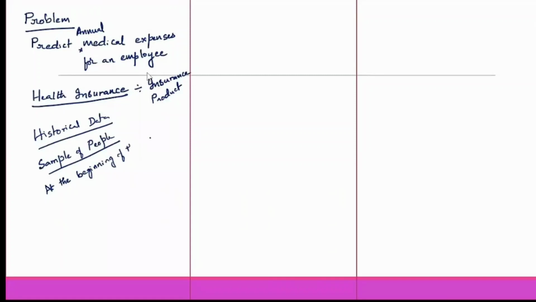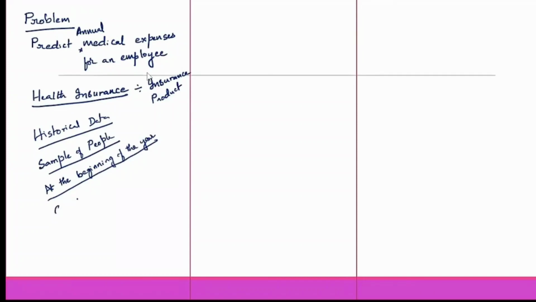Now, obviously, they should get some historical data, right? So what is it that they first require? Take some sample of people. For each of those people, possibly at the beginning of the year, you take some of their characteristics.